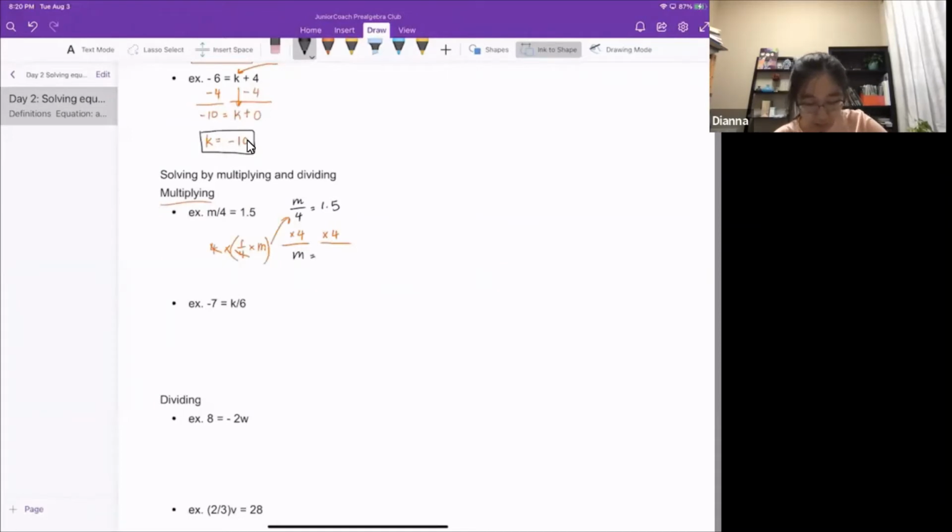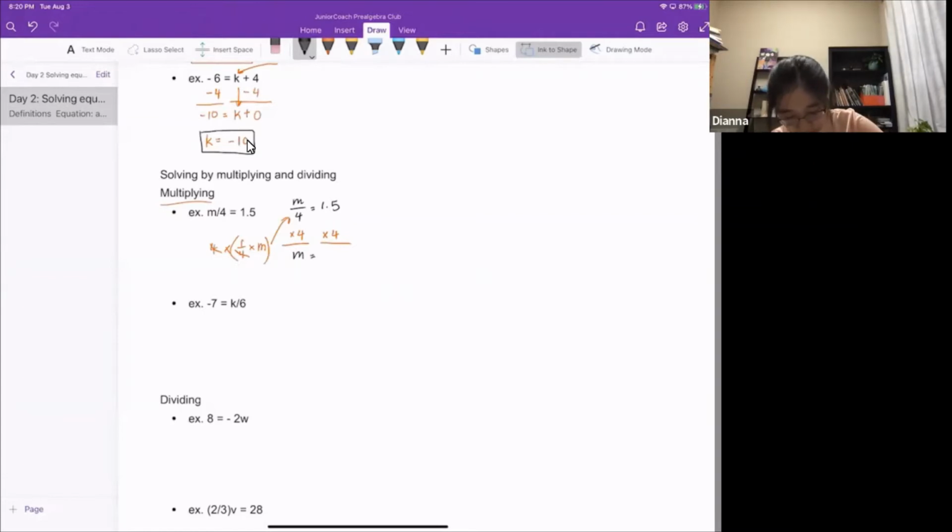And then 1.5 times 4, I'll write it out here. So we multiply the ones place, right? So this is 20. So I'll put a 0 here. The 2 carries over. 1 times 4 is going to be 4, plus 2 is going to be 6.